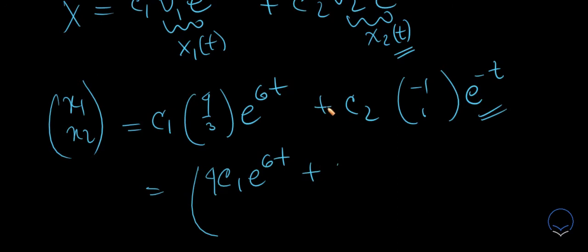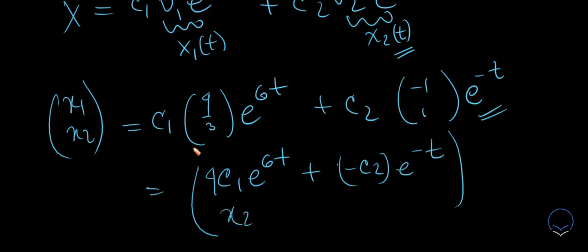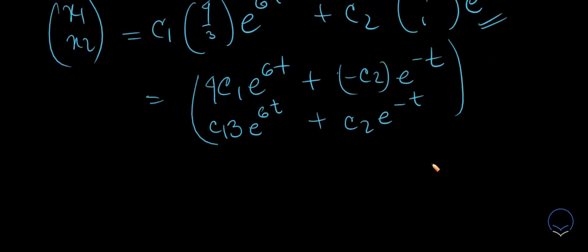So it will be 4 c1 e to the power 6t plus, and there is a minus over here, so that's minus c2 e to the power minus t, and it will be 3 e to the power 6t, and there is a c1 over here, and here you will have a c2 e to the power minus t like this. So this is your x1, this is your x2.